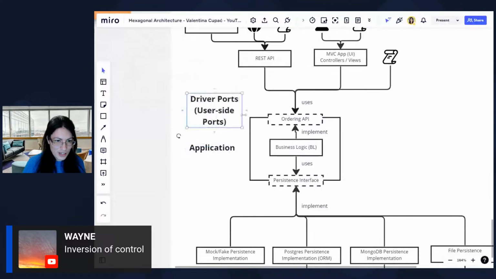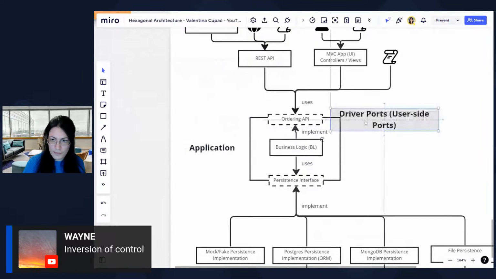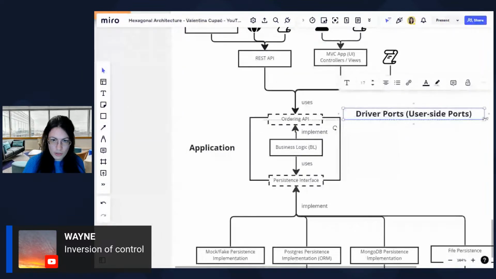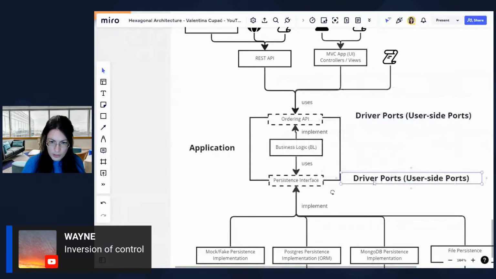This is just introducing some terminology since we've reached this point in the drawing. So we have the driver ports, and we have the driven ports, also called the server-side ports.